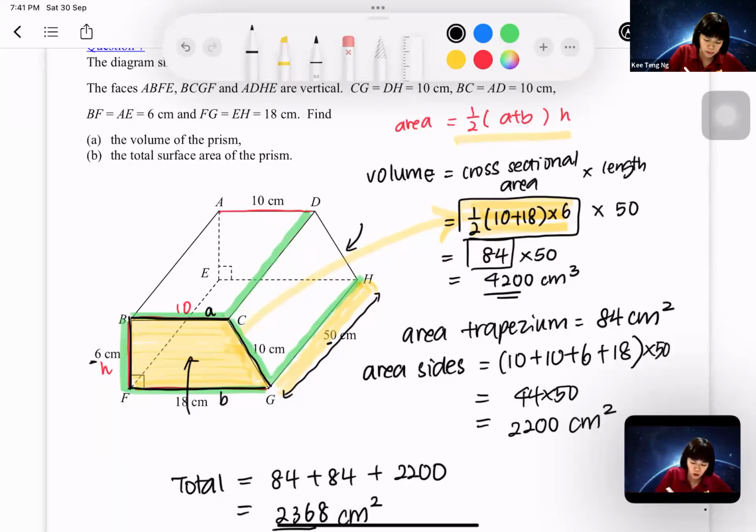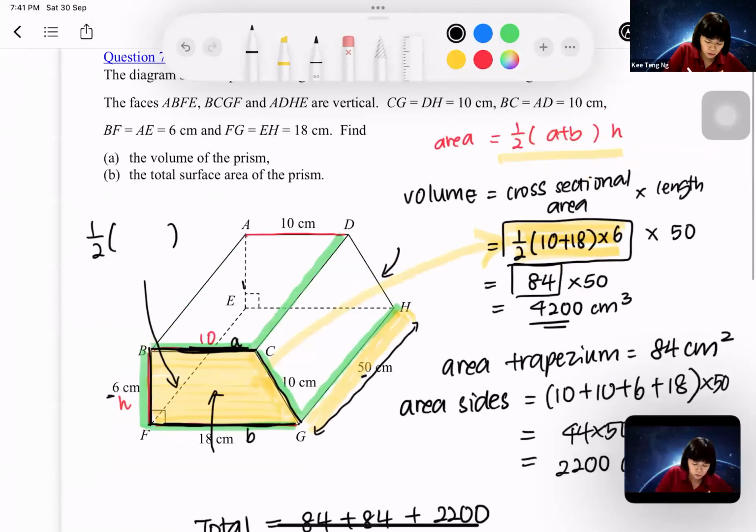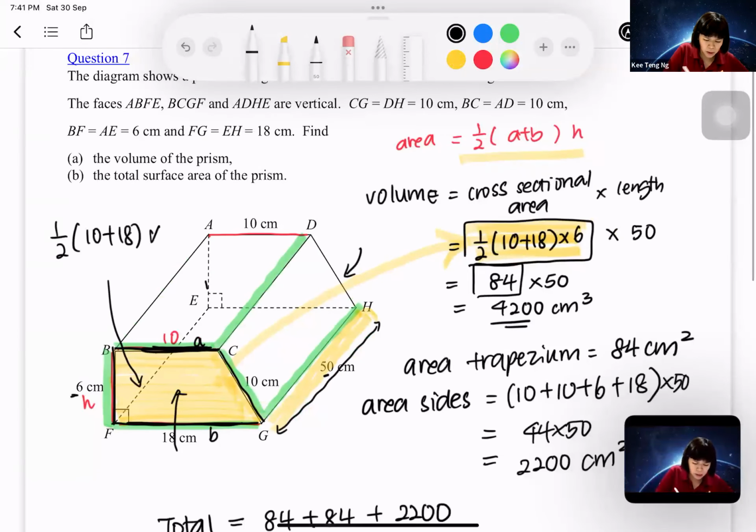So area of trapezium, this one here, right, is half times (A plus B), the two parallel sides, 10 and 18, times my height, right? The height here is this one. This is the 6 cm. So you calculate this, half times (10 plus 18) times 6 gives me the number 84.